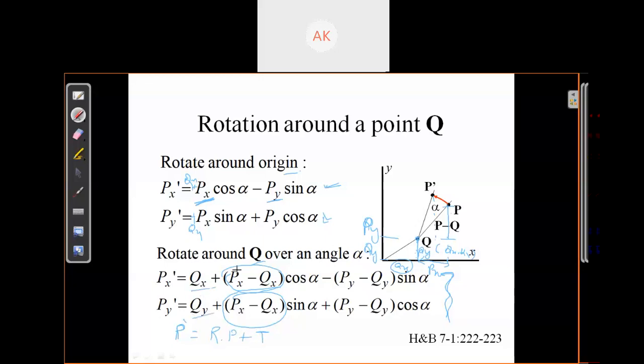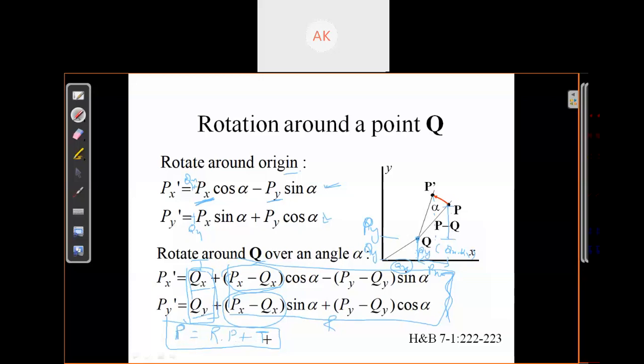This is a translation parameter. We are shifting these points from this to this, and that difference is the translation. So now your equation is in this form.